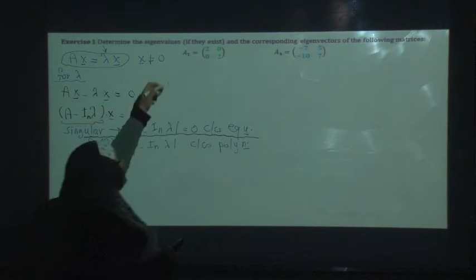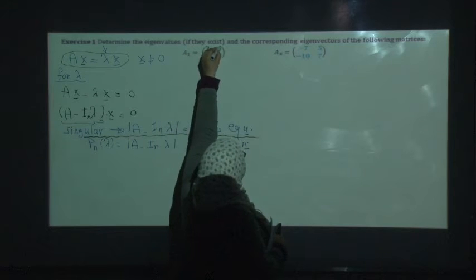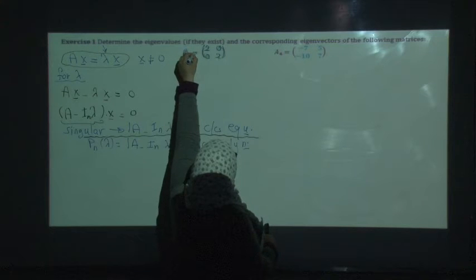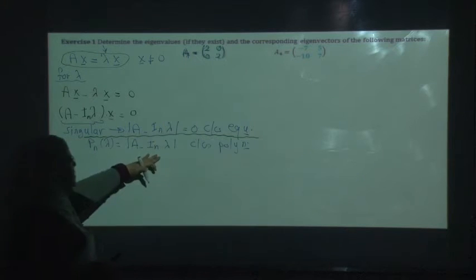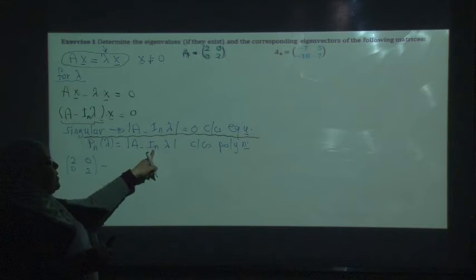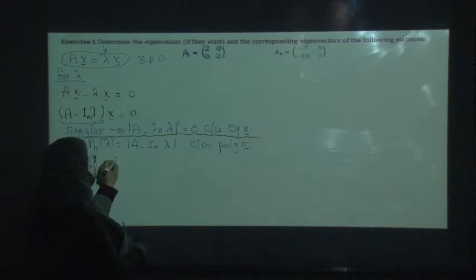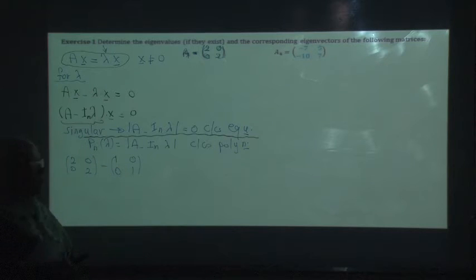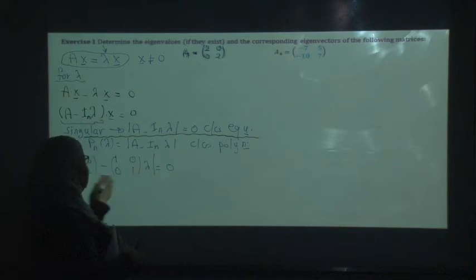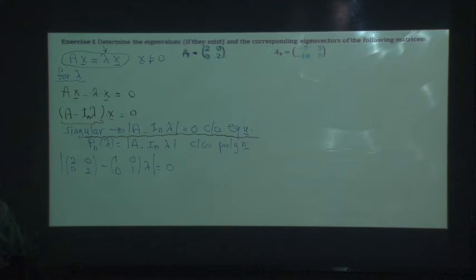A is given here, if you can see it: 2, 0, 0, 2. So it's a 2 by 2 matrix. This is A1. Let's form this matrix. We will have the elements of A minus I, which is the identity of order 2, times lambda, and then equate the determinant of this subtraction with 0.